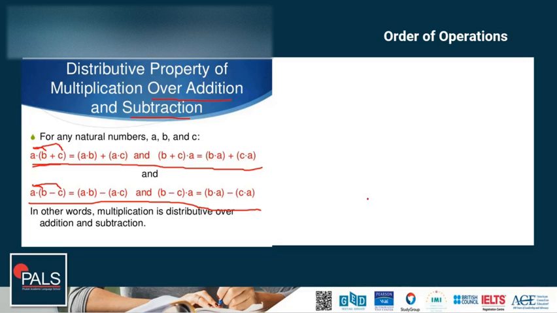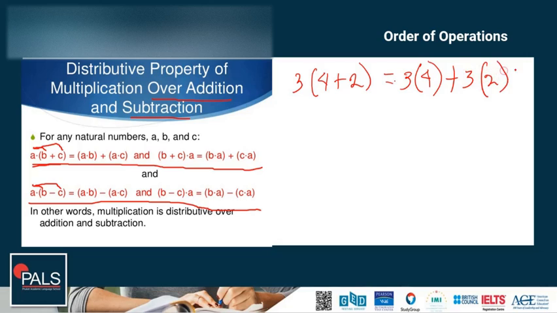Okay, first example. Let me write it. 3 times 4 plus 2 is equal to 3 times 4 plus 3 times 2, which is equal to 3 times 4 is 12 plus 3 times 2 is 6, and the answer is 18.